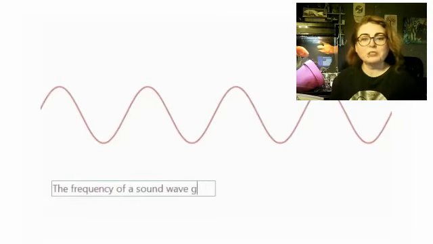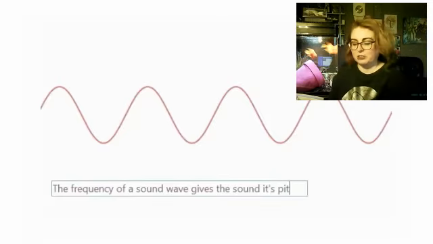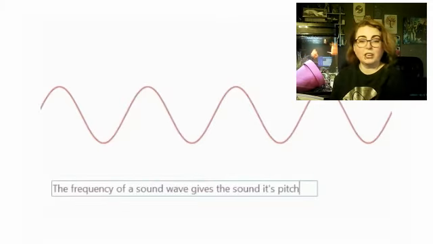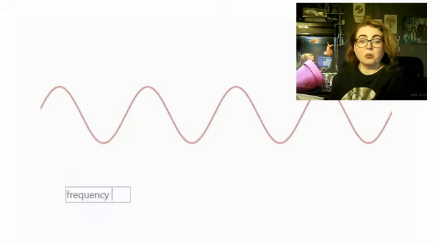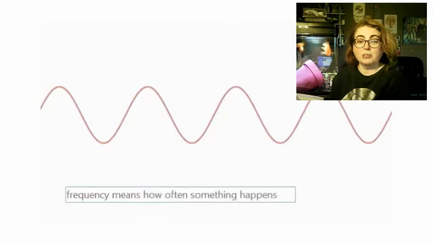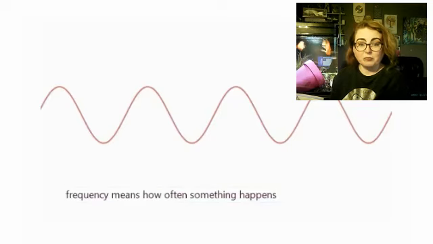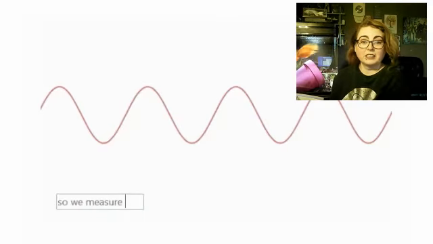So the frequency of a sound wave, frequency is how low or high. This gives the sound its pitch, and all frequency means is how often something happens. That's it. So we talk about cycles per second.